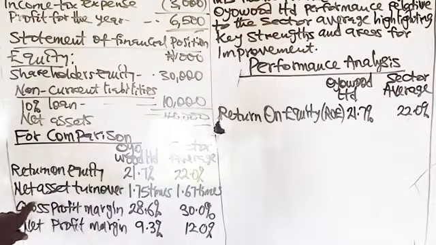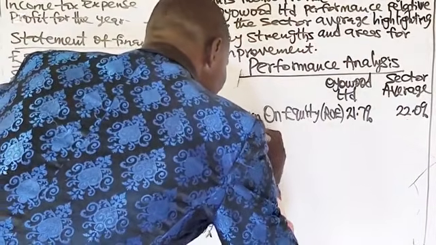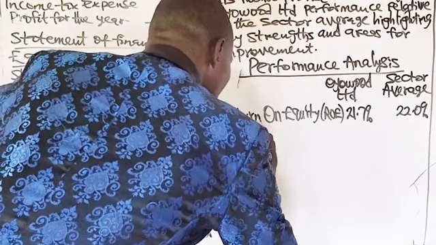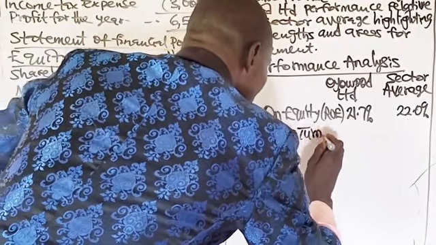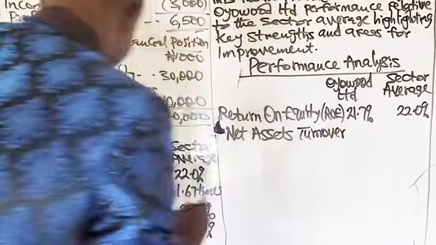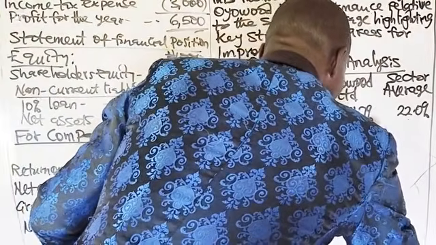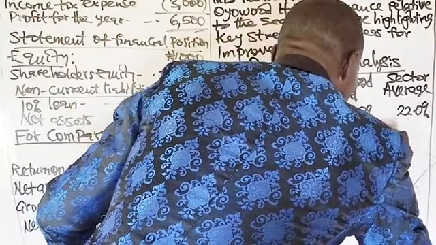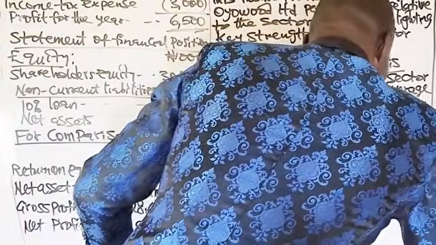Then the second one is net assets turnover. We have 1.75 times and 1.67 times.